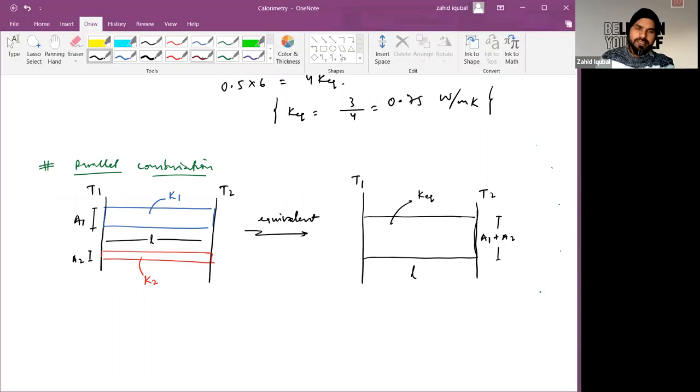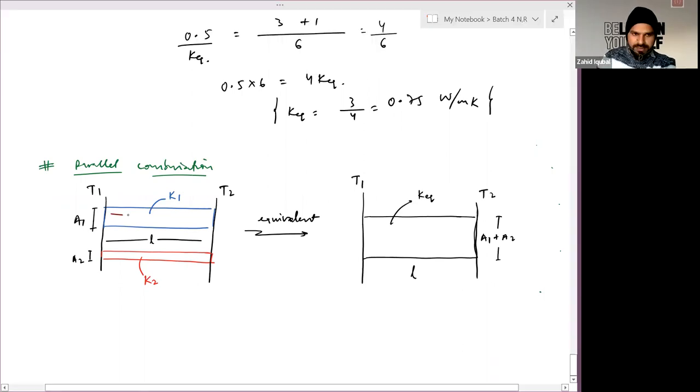Now, in parallel combination, let's say H1 will be flowing in this part and H2 in this part, and H equivalent in this particular equivalent rod.